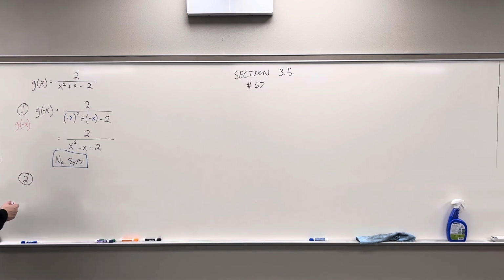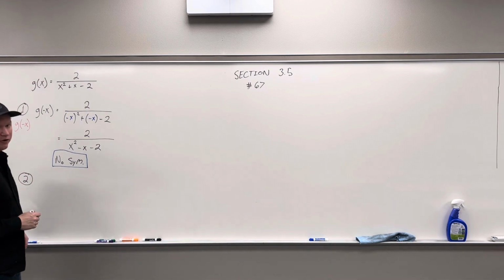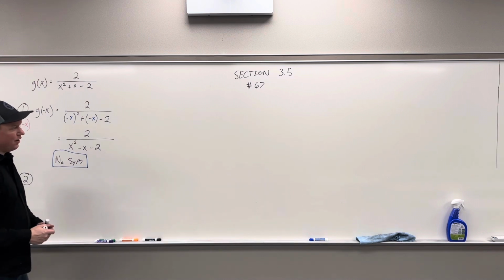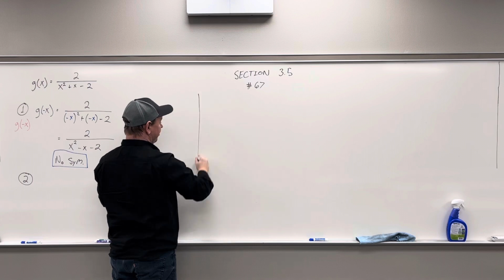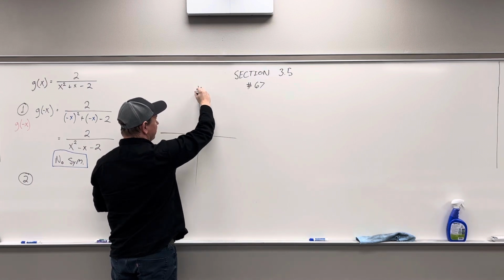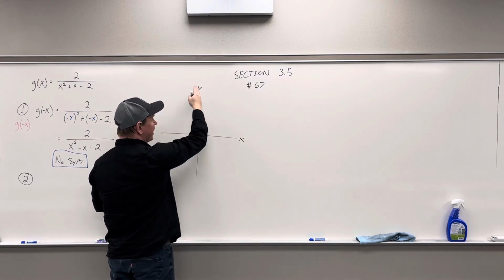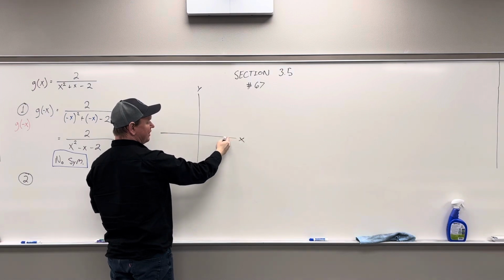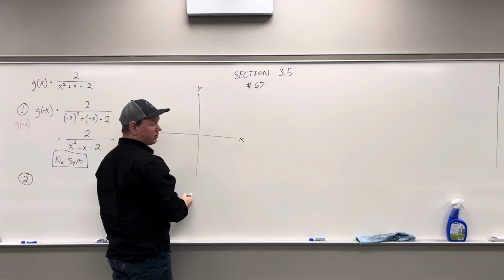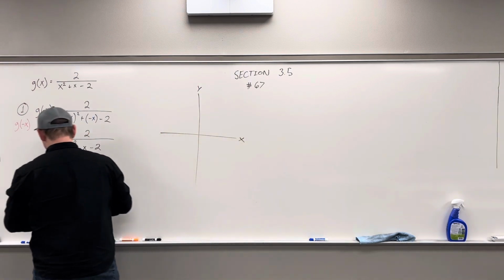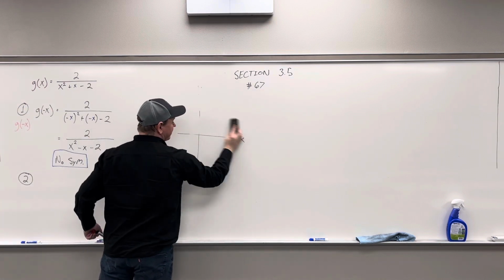So our y-intercept is based off of letting, if we have our x, y coordinates, we have our y and our x. To find the y-intercept, we have to let this value of x be 0, and we can see what's crossing at the y. So that is what's happening on our second one.